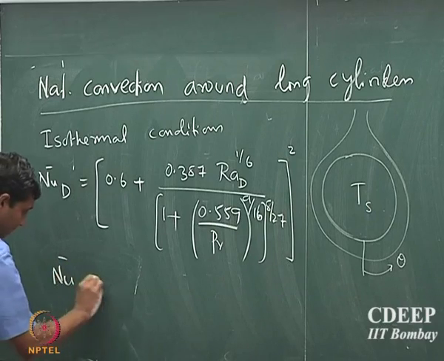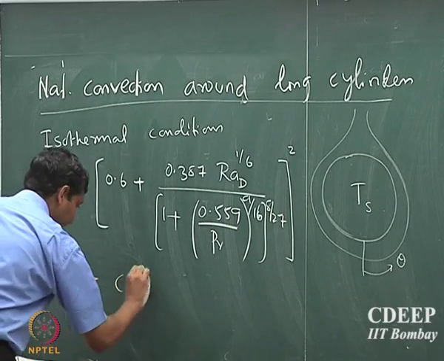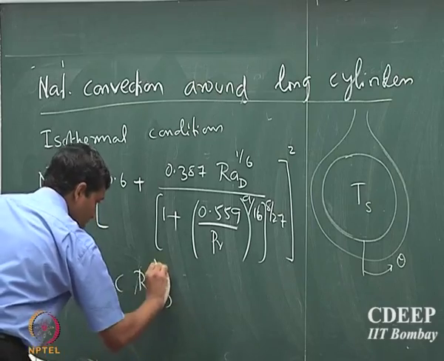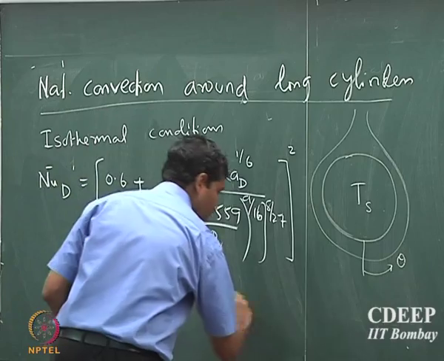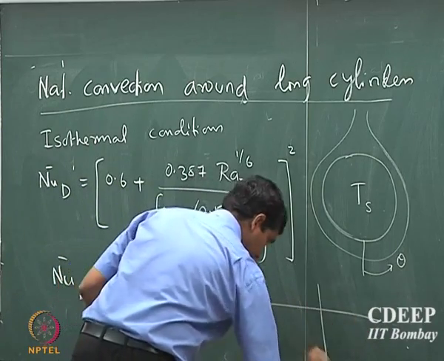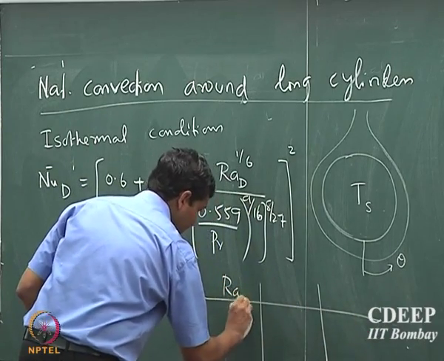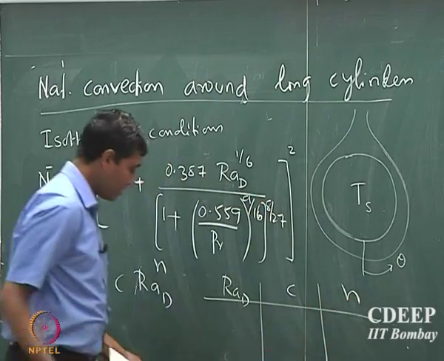which is given by some C times Rayleigh number to the power of n, and there is a table which tells you what these constants are for various values of Rayleigh number.